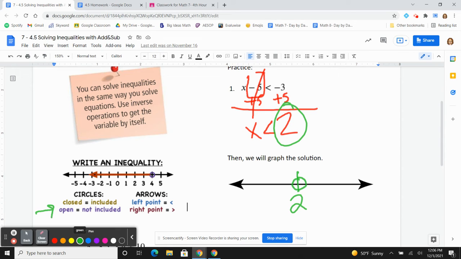So we need to draw a line with an arrow going that way. All numbers less than 2 would make this inequality true. Notice how the inequality is pointing towards the left up here? That's the same way we're drawing our line.